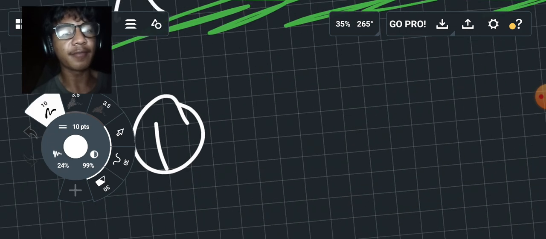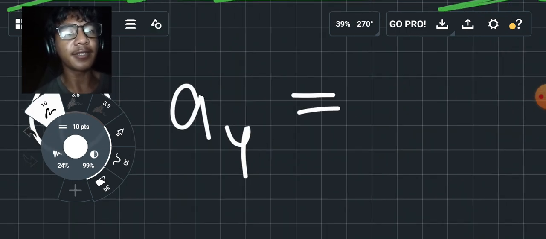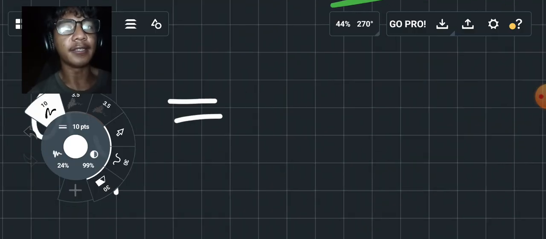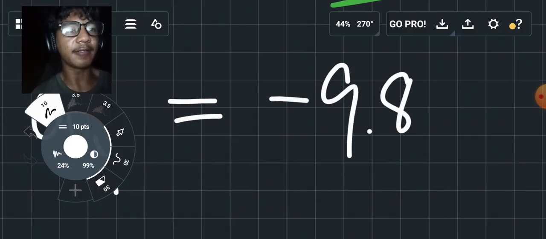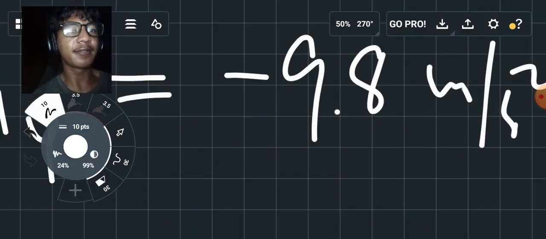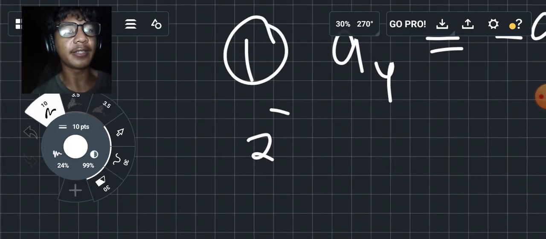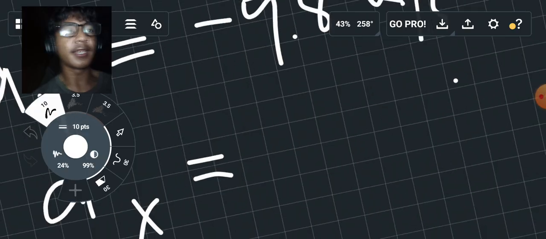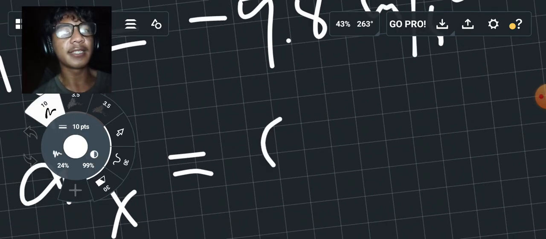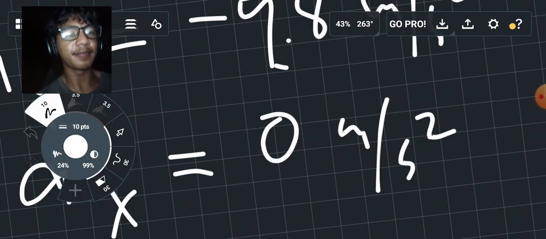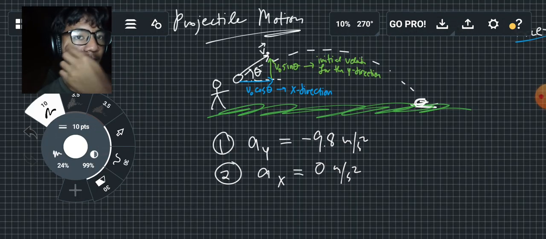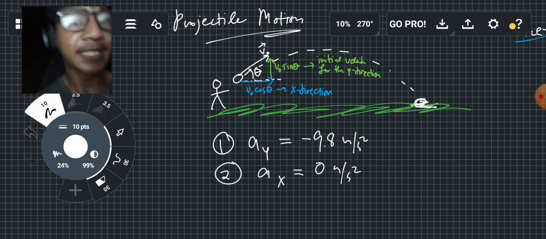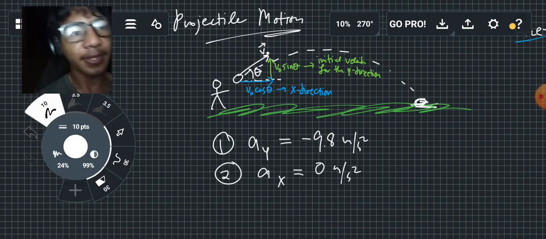First point is the acceleration in the y direction, ay, is negative 9.8 meters per second squared. And the second point is that the acceleration for the x direction is 0 meters per second squared. So that's it. We don't have any acceleration in the x direction because it does not exist physically.